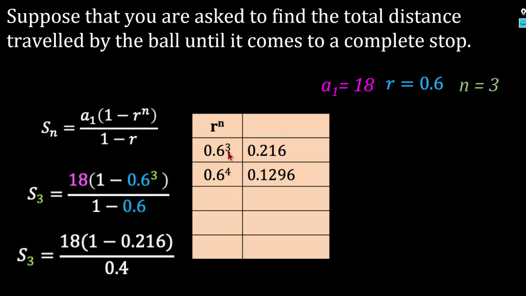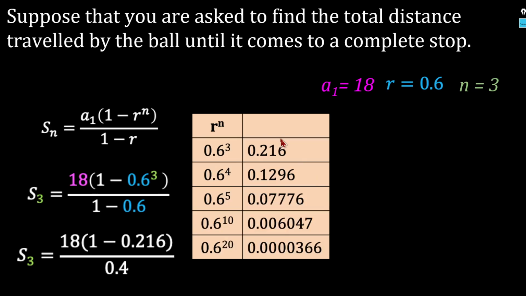And look at this. 0.6 to the third is 0.216. 0.6 to the fourth is 0.1296. If I increase it further, look what happens. Paliit ng paliit yung expression, yung expression na r raised to the nth power. So what does that mean, sir?